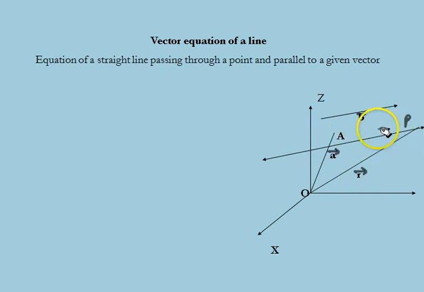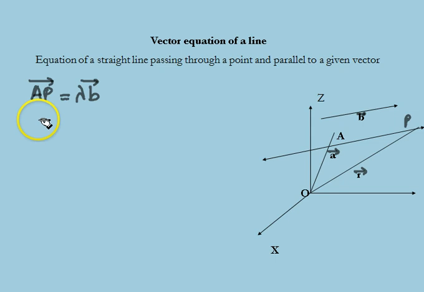Then P lies on the line if and only if vector AP is parallel to vector B, that is, vector AP is equal to lambda B, where lambda represents a scalar or a real number.